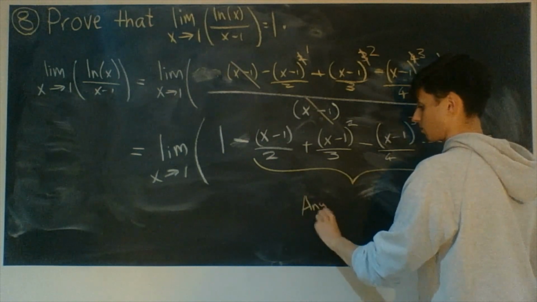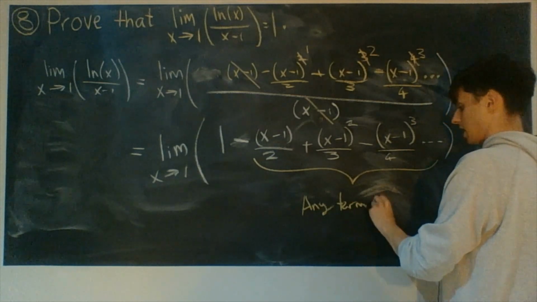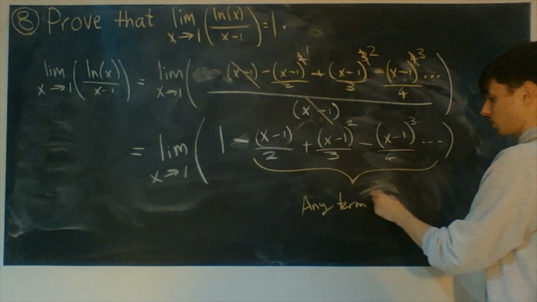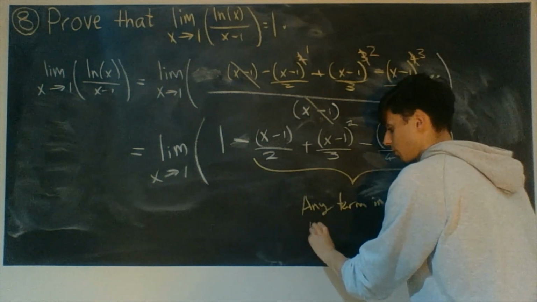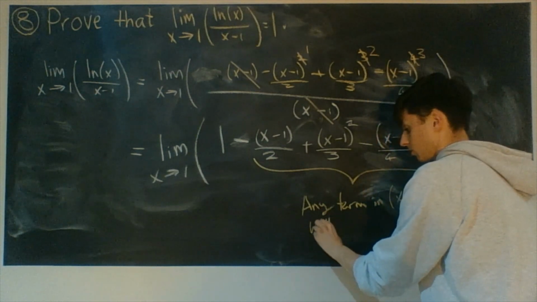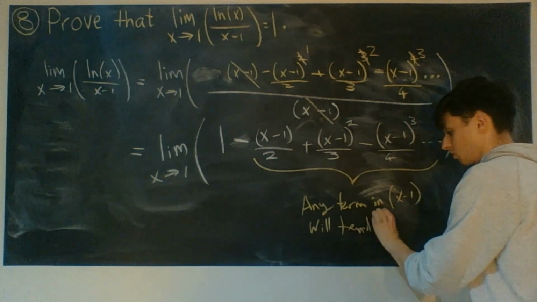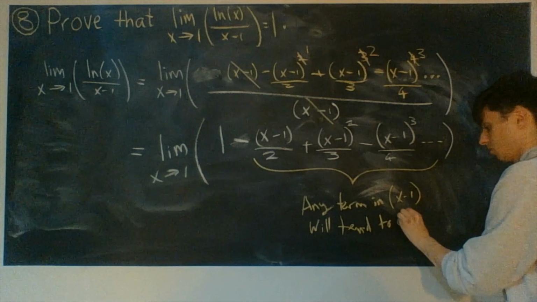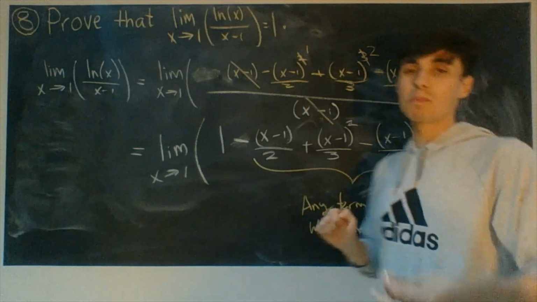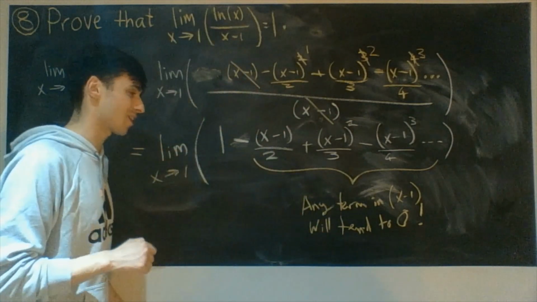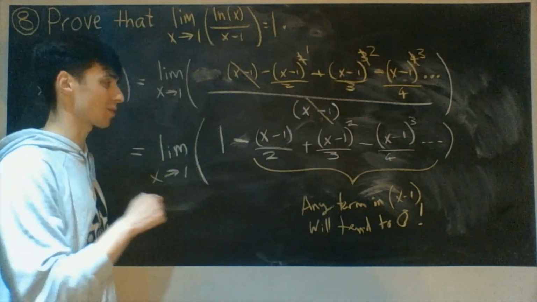So any term in x minus 1 will go to 0. I'm going to put an exclamation mark because that's so important for us. Any term in x minus 1 will have to tend to 0.